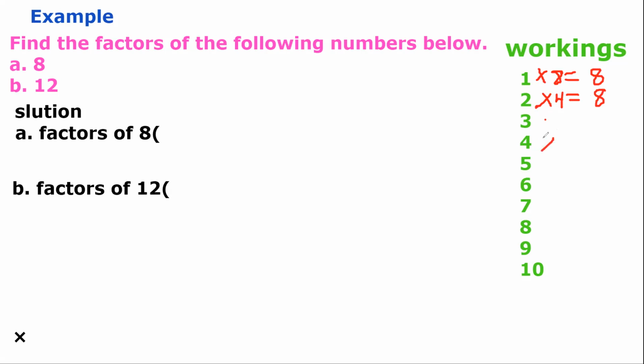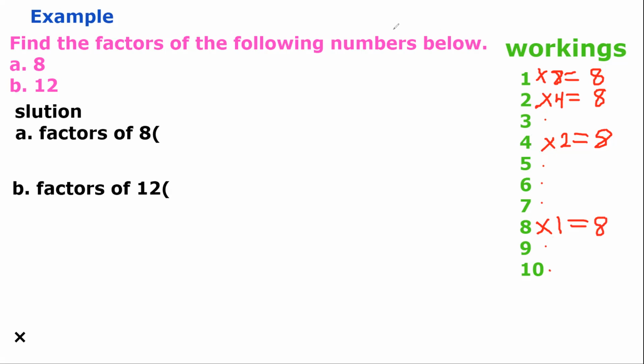Then you come to 4 times 2 will give you 8. Then 5 no, 6 no, 7 no, 8 times 1 will give you 8. 9 no, 10 no.